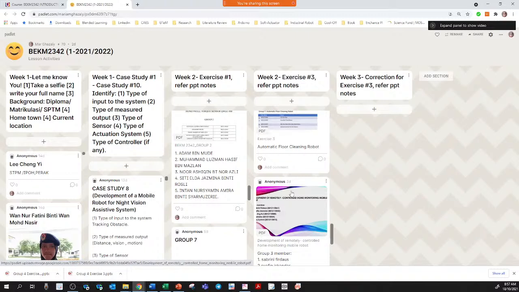So this is what I mentioned to you all: in order for you to do exercise 3, you need to complete exercise 1 and exercise 2. Otherwise exercise 3 is no good. From exercise 3, what I see is that the students come out with slides that do not refer to the exercises done, exercise 1 and 2.